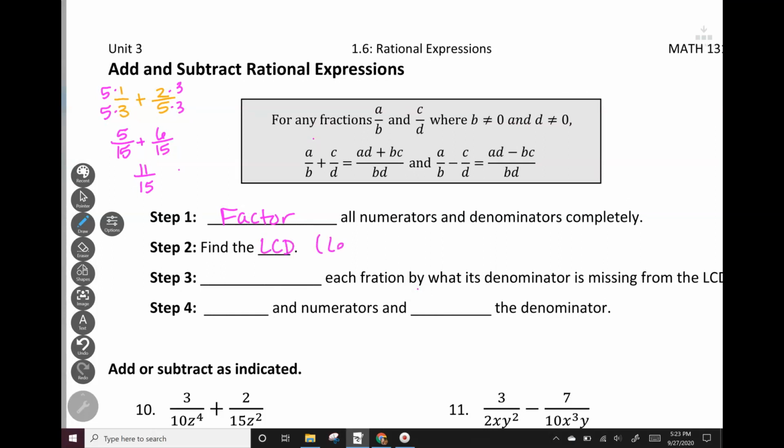That's your least common denominator. And then multiply each fraction by what its denominator is missing from the LCD.